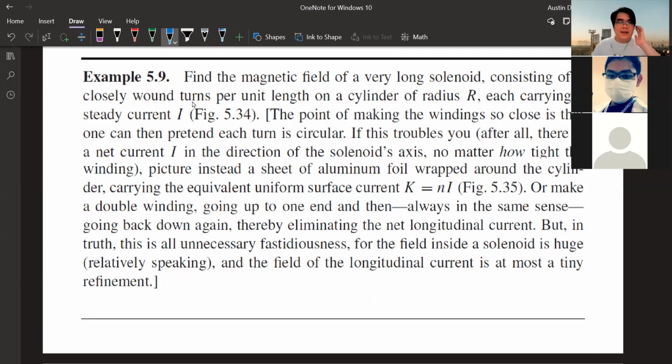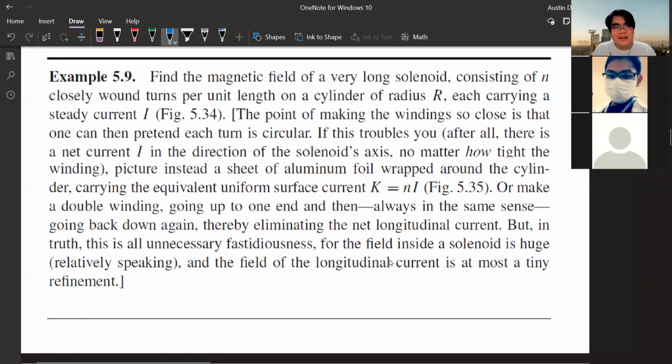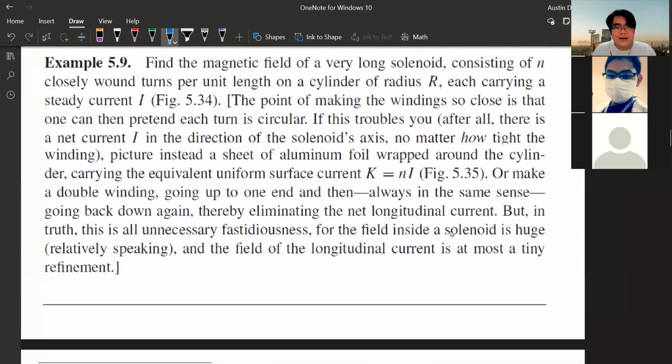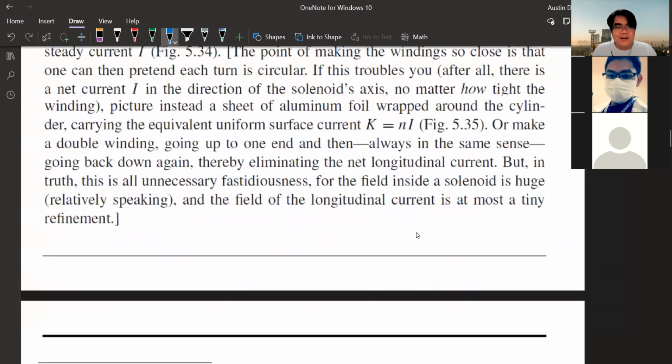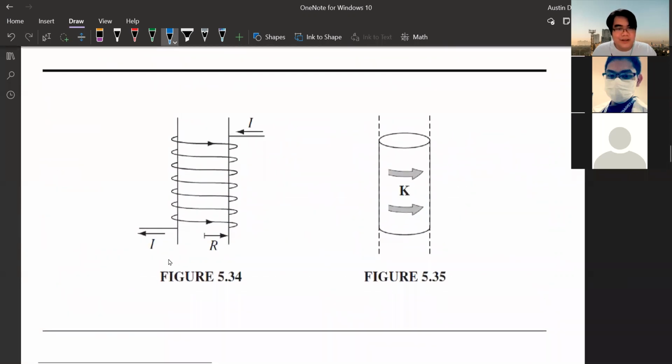Kasi pag spiral yung setup mo, mayroon kang longitudinal current. Pero ayun ay very relatively small daw compared to your field that is inside the solenoid. So what is a solenoid? So yung solenoid ay basically may tube ka na something or kahit hindi hollow, basta may cylindrical object ka, binalot mo ngayon sa wire.